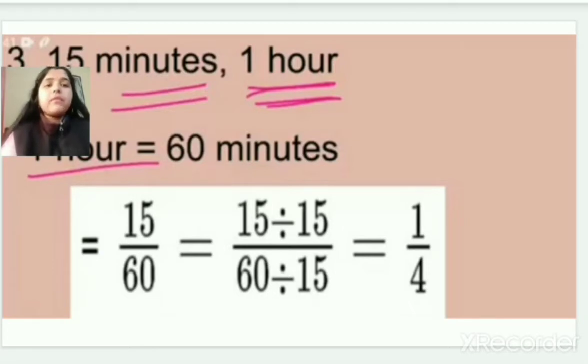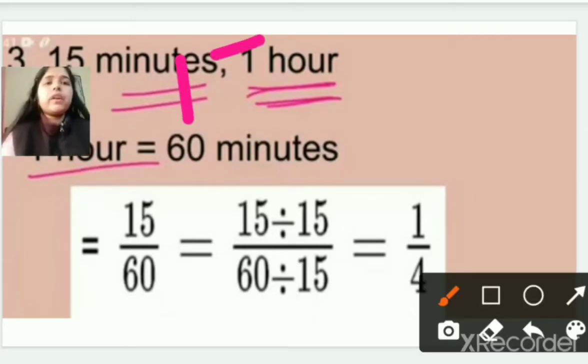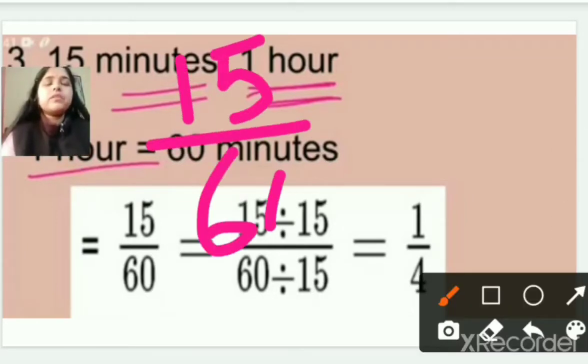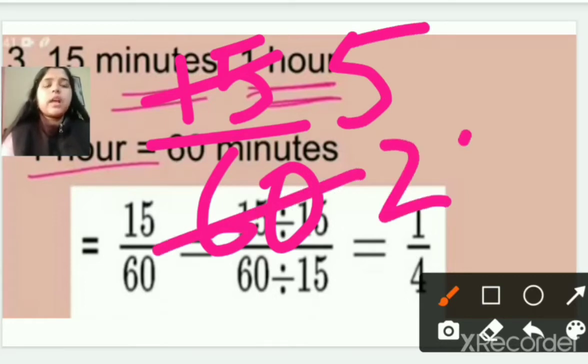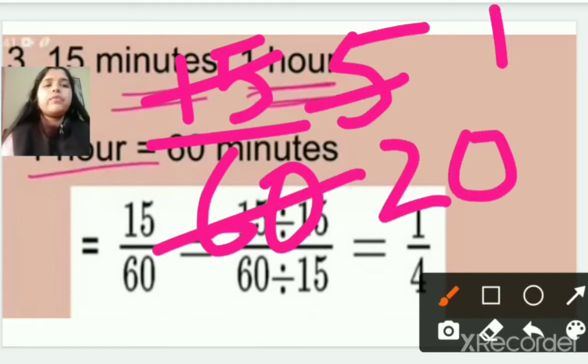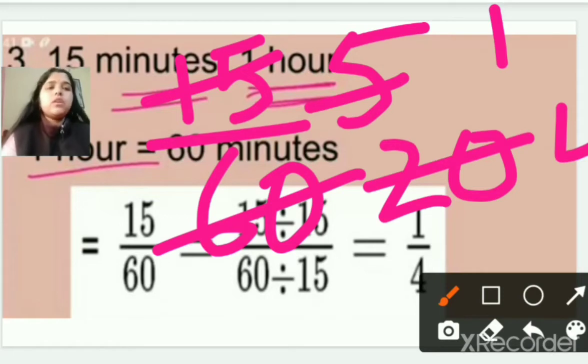So we will have the fraction 15 by 60. 3 5s are 15, 3 2s are 6 and 0. Then 5 1 is 5, 5 4s are 20. So we have the fraction 1 by 4 and the ratio 1:4.